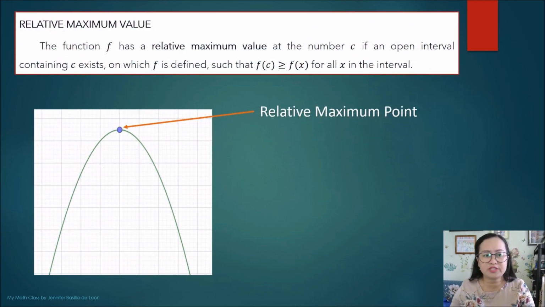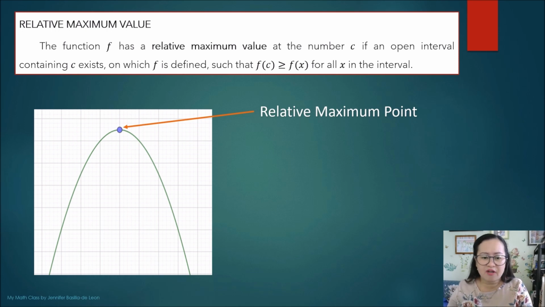Let's start our discussion by defining what relative maximum value is. The function f has a relative maximum value at the number c if an open interval containing c exists on which f is defined, such that f of c is greater than or equal to f of x for all x's in the interval.